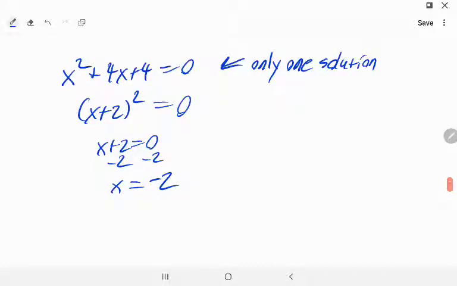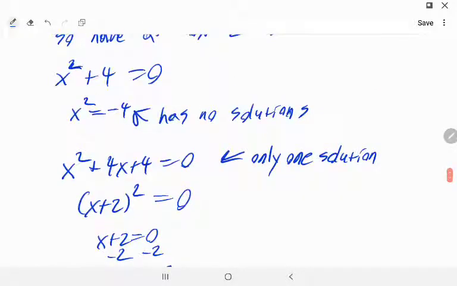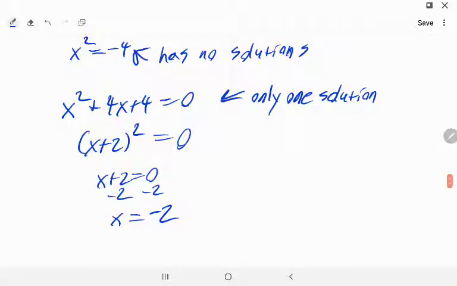So if we've got a polynomial of degree 2, once we have 2 solutions, we know we're done. There aren't any more. And again, some quadratic equations will have no solutions, some will have only one solution. That can happen from time to time.